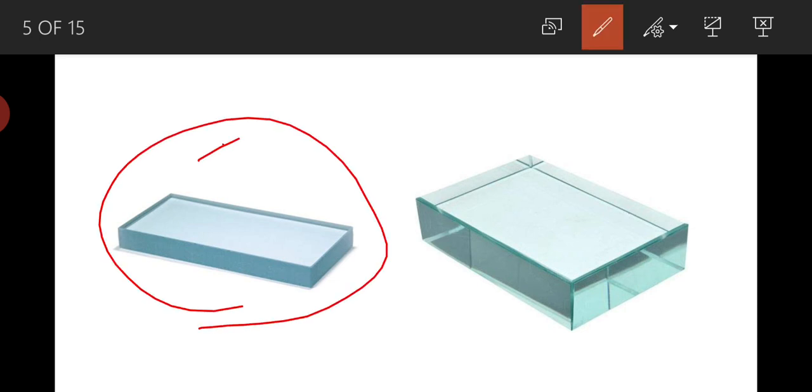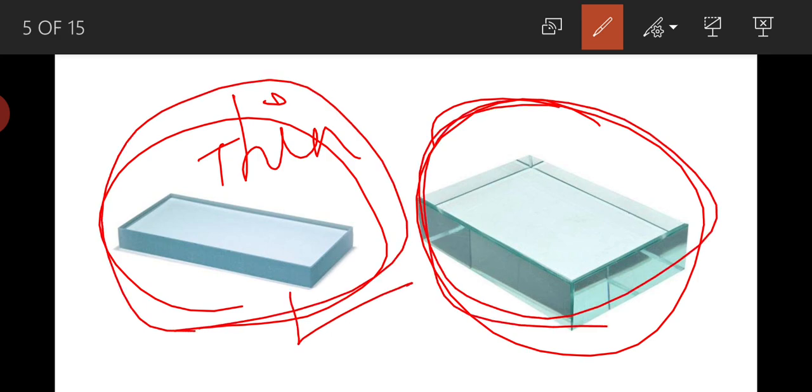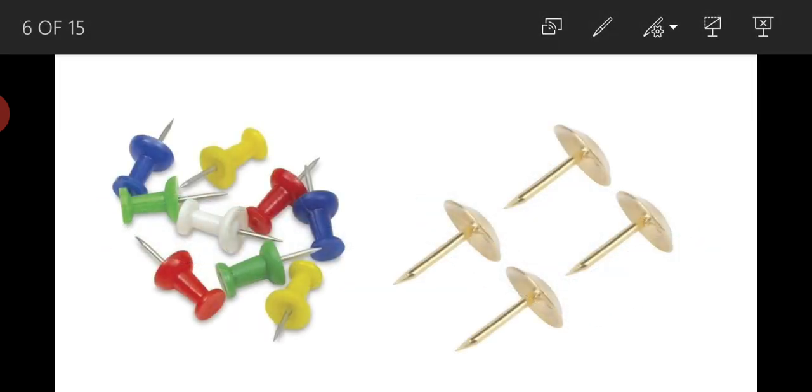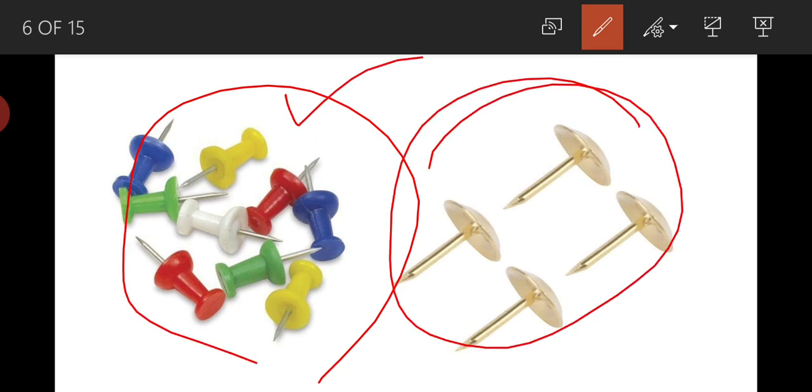This is a thin glass slab and this is a thick glass slab. It's better to do this activity with a thin glass slab. This is nothing but a glass slab or plane slab. These are the pins which you need in the experiment. You can take any one of these pins.